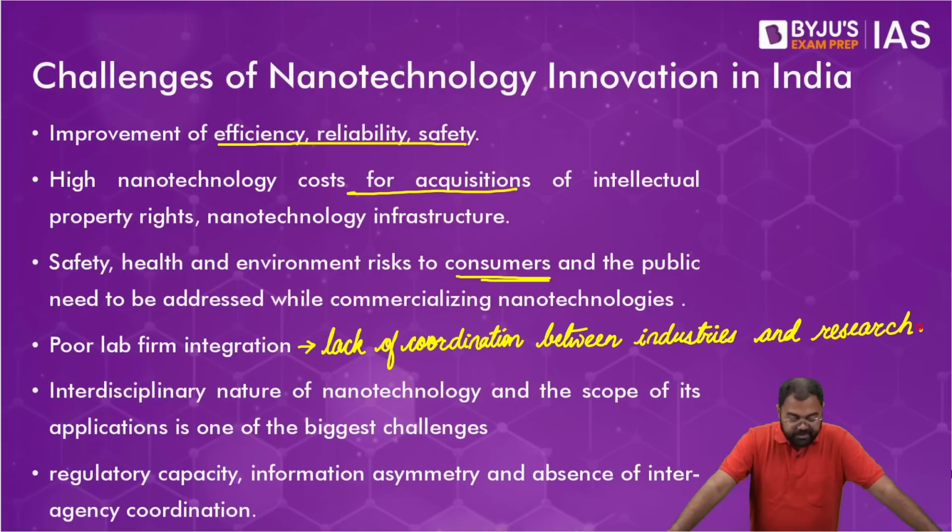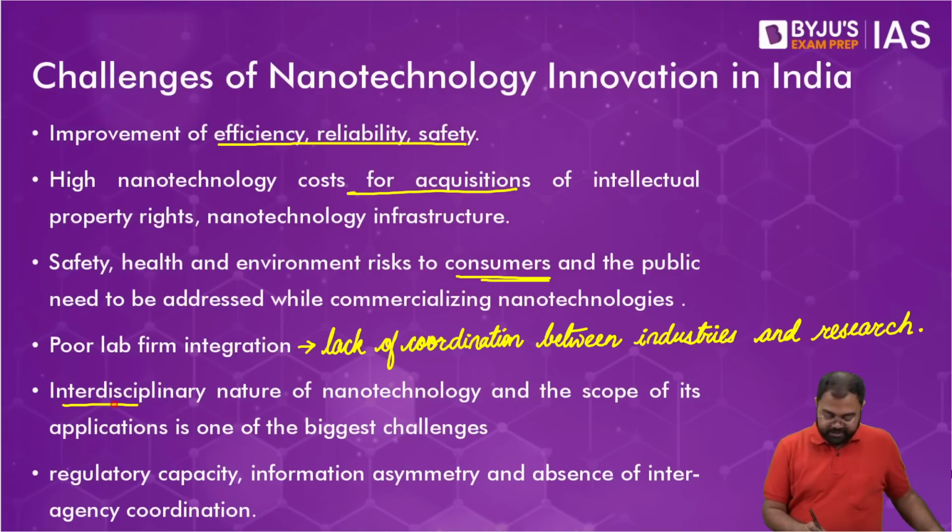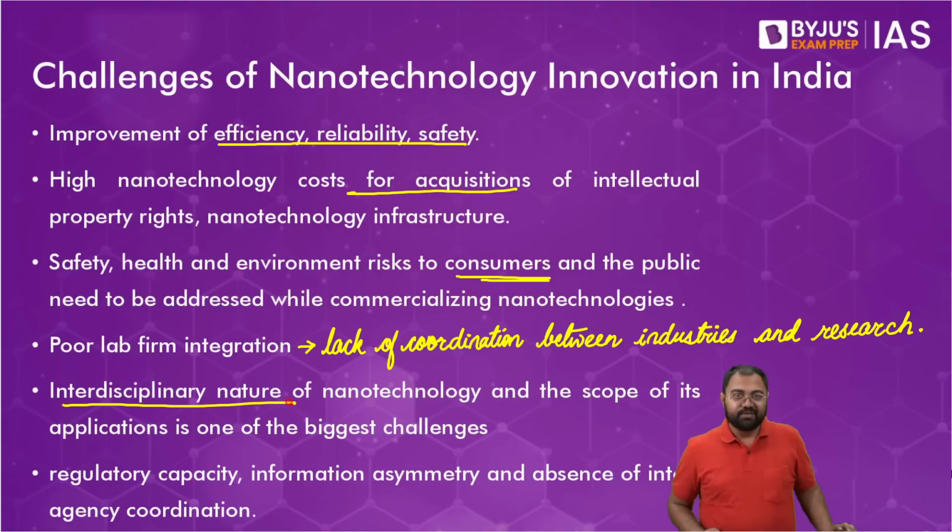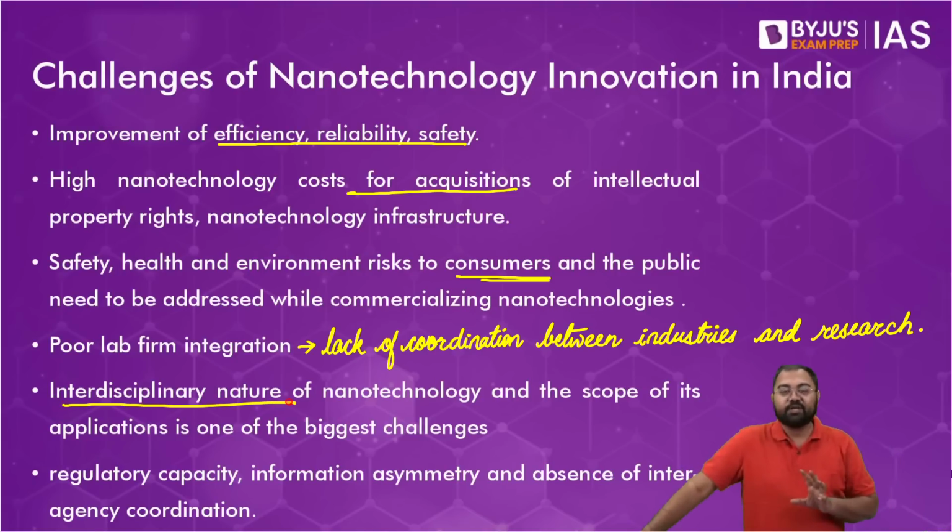Then interdisciplinary nature of nanotechnology itself. Now this also becomes a challenge, because when we were talking about nuclear technology, the scientists and the engineers who are working in nuclear technology, they only need to know about nuclear technology. Same goes for biotechnology, same goes for space technology. But in nanotechnology, things are different, because nanotechnology is here to solve problems of other branches, right?